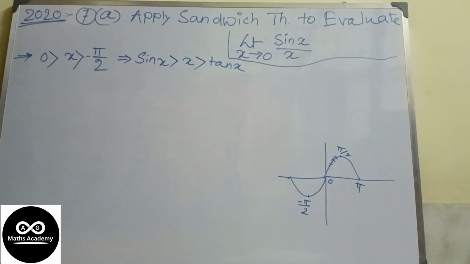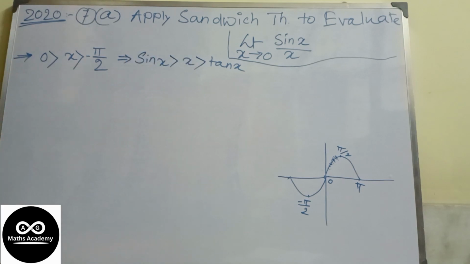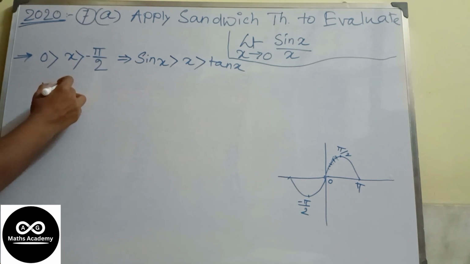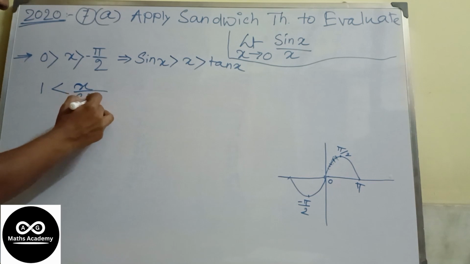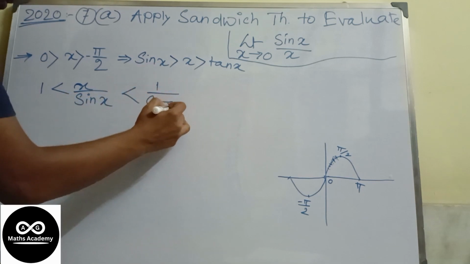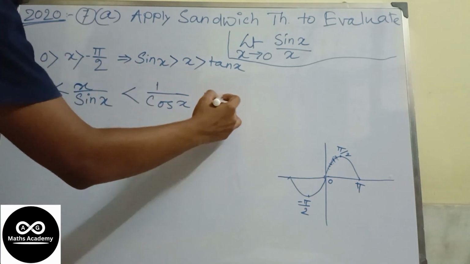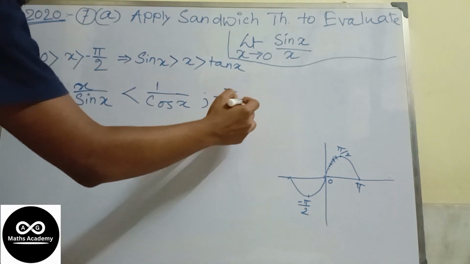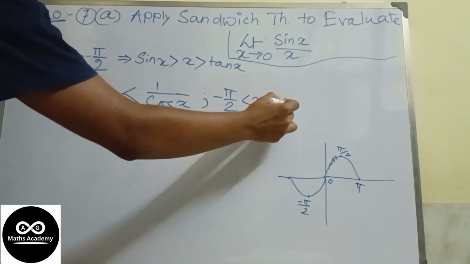Now we are again dividing each term with sin x. So this will be 1, this will be x by sin x, and this will be 1 by cos x, where x is less than 0.